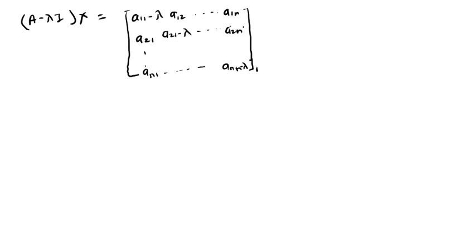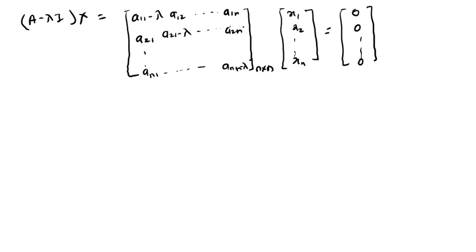This is again a square matrix of order n cross n, multiplied by the matrix X, x1 x2 up to xn, and this is equal to the 0 matrix, 0 0 0 up to n times 0.